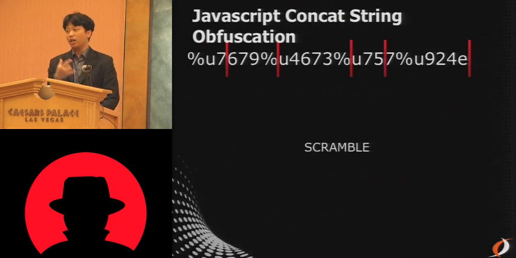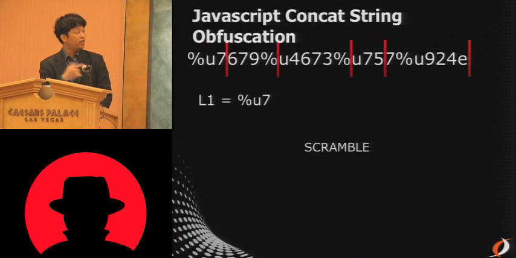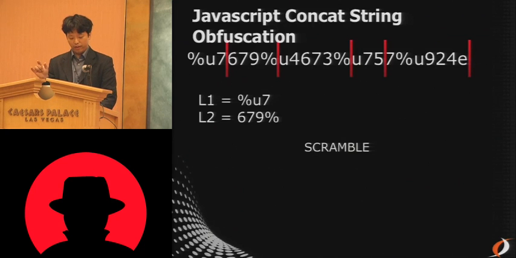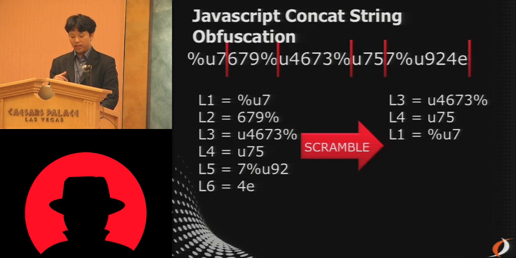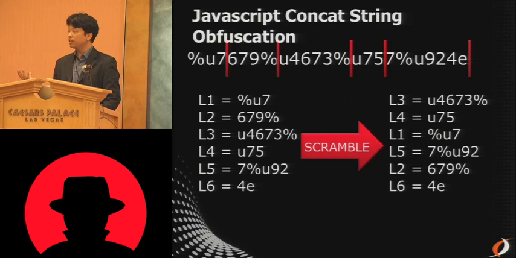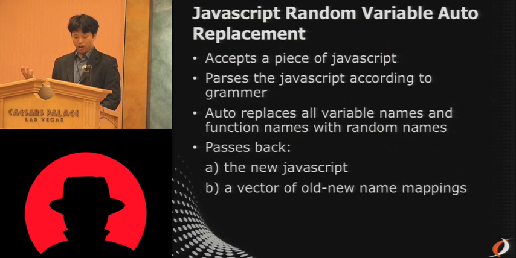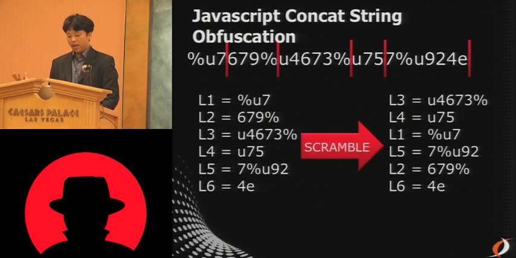You can specify, for example, chop every 3 to 10 characters. And then it assigns these chunks to different variables. And then it scrambles these variables so that the assignments are randomized. Okay? So, randomized variables, and then it concats them together.